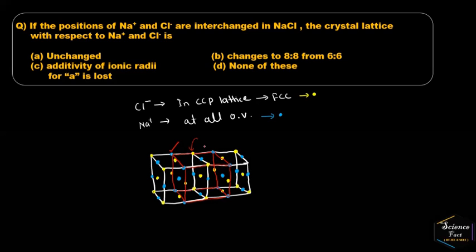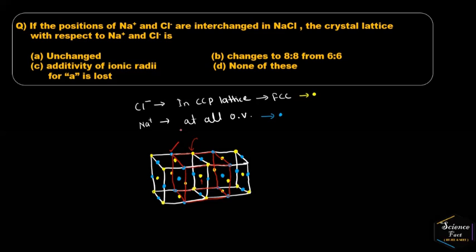You can see that at the edge center here the chloride ion is present, as well as at the body center. This is a body center atom with respect to this red cube. While in the previous statement Cl- was present in the CCP lattice, in this red cube Cl- is present at the edge centers, that means at the octahedral voids.